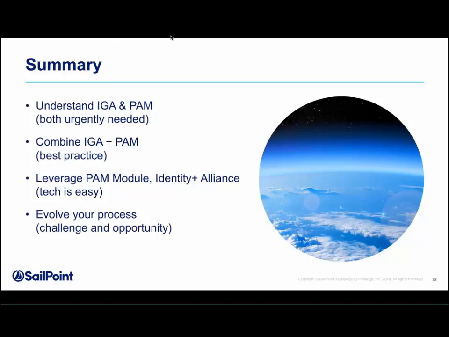First of all, understand that both of these things are urgently needed. They do different jobs, but combining them is increasingly a best practice and frankly increasingly required to address that emerging audit question, which is: when did you last certify your privileged accounts?